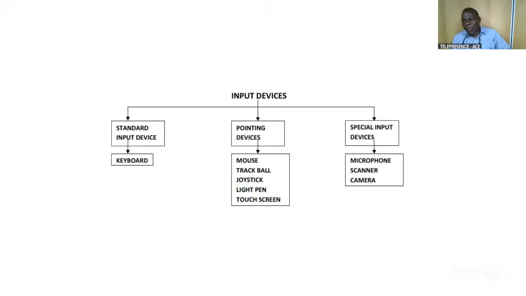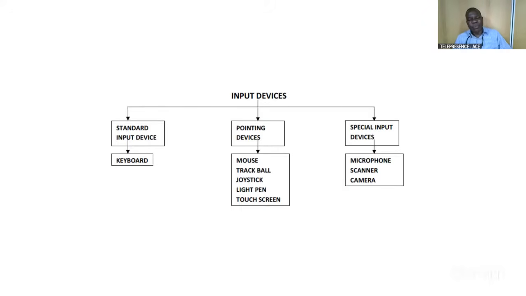Scanner: the paper that has been written can be scanned, turned to a digital document that can be stored or processed with the computer. You also have the camera. A camera can pick the image of an object, and that image ordinarily may not be very useful to the computer, but can be converted to a digital form that the computer can operate on.